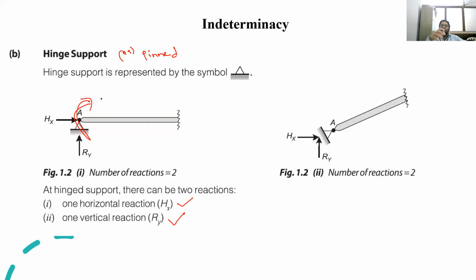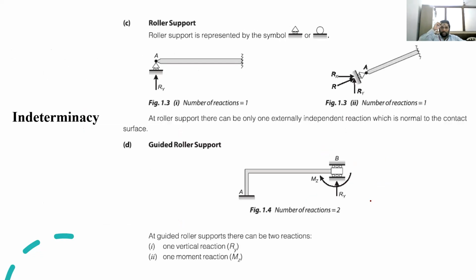That door hinge will rotate, therefore there would not be any moment. So for a pinned support, the number of reactions is 2. Remember all these things.